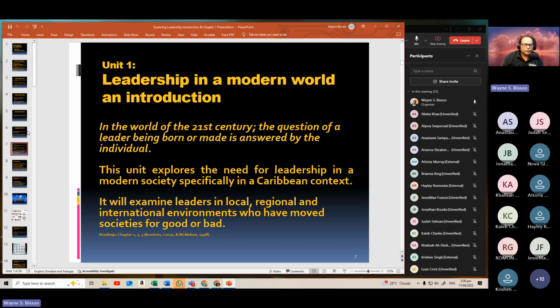The textbooks we're utilizing come from a US base, so we are going to have to bring to bear the Caribbean experience, the local parlance, because there are very few textbooks available for free use and distribution that have the Caribbean context. So we're going to have to bring that in ourselves. It doesn't mean that the text is not relevant.